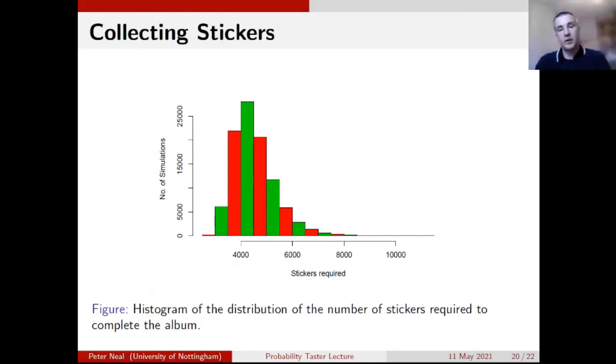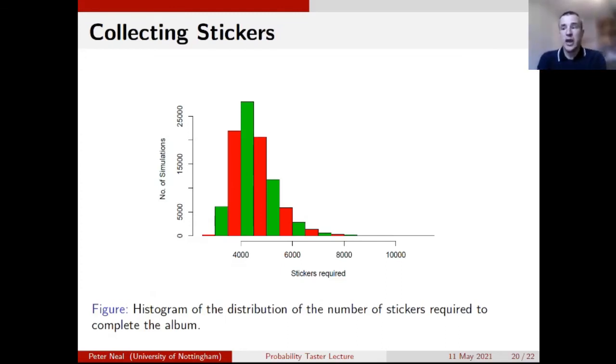So my experiment involved 100,000 simulations, and if I'd gone out and repeated this in real life, looked at how much it would cost me with 100,000 completions of the album, it would cost me about £63 million. So I'm glad the computer did the hard work for me.